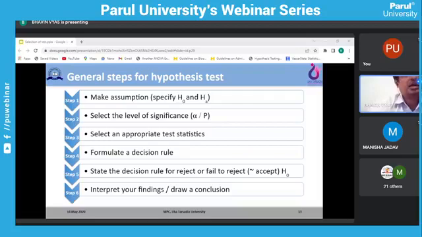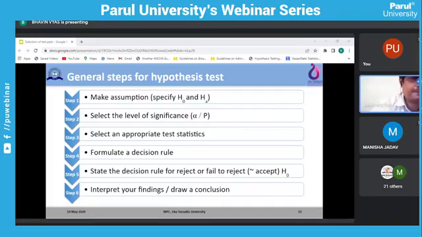After selection, you decide the rule for decision, and according to that you will either reject your null hypothesis or fail to reject it. Based on that, you will interpret your findings. So these are the steps when doing hypothesis testing.